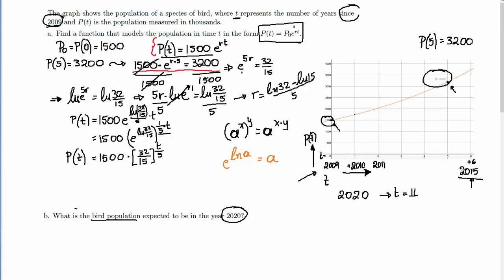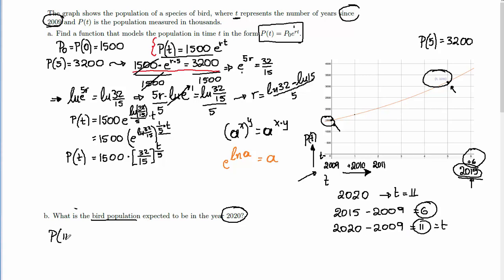Because in order to get t when the year is 2015, let me write it down, 2015 minus 2009, that I have right here, is equal to 6. And this 6 corresponds to t, right? So 2020 minus 2009, that is the beginning of the year, will give me 11. And this will be equal to my t. So basically, this problem asked me to find P of 11.